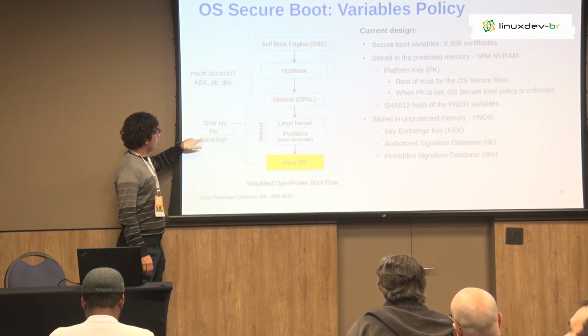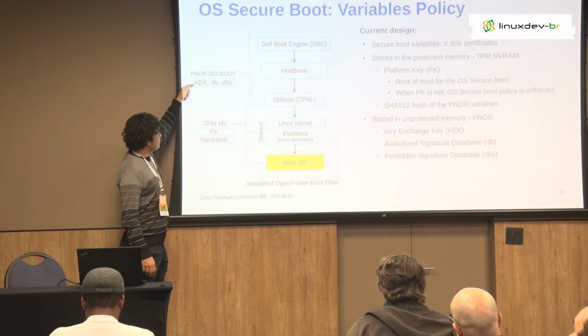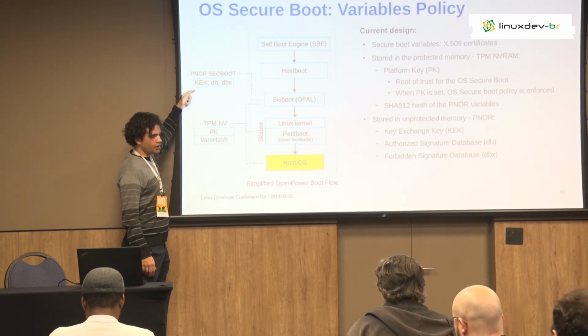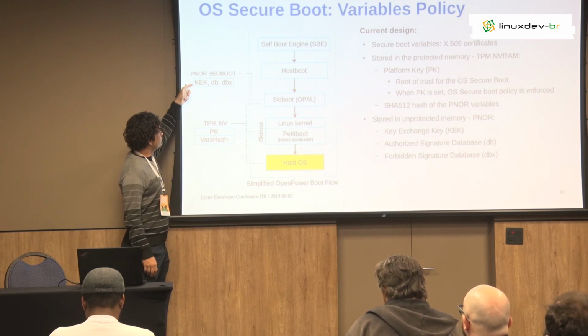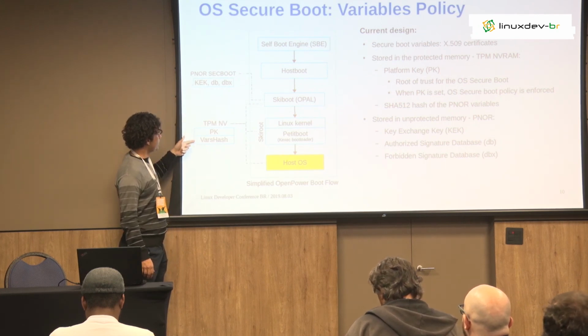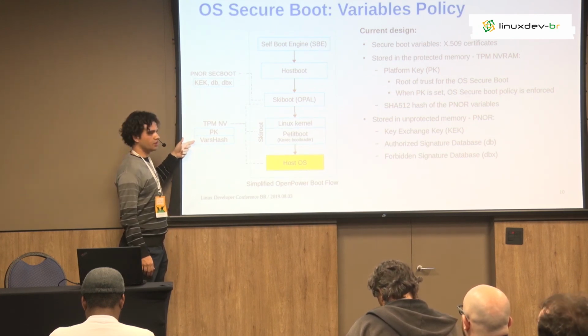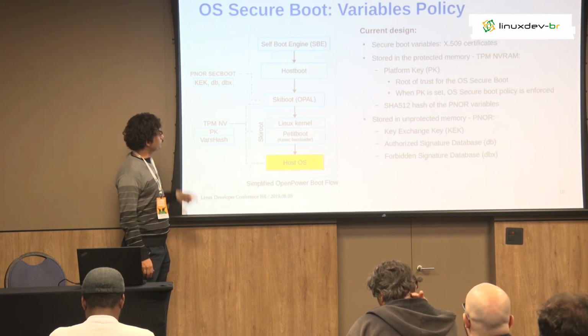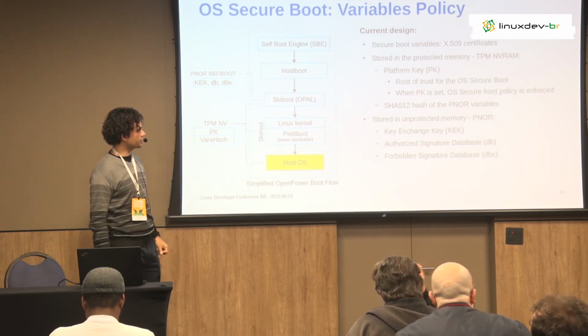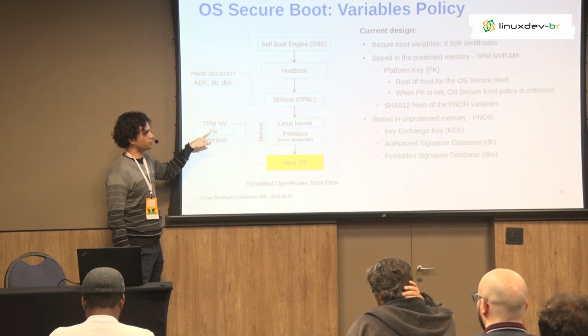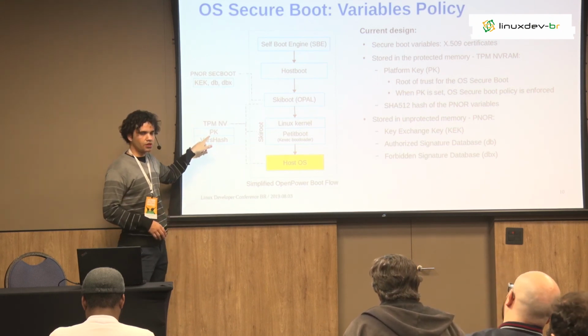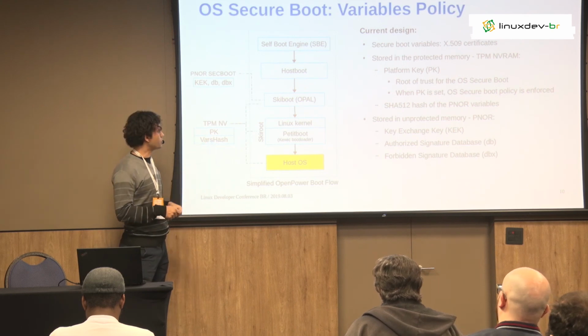So before consuming these keys, I need to integrity check them. If the hash of these keys doesn't match the hash that I have here, somebody has tampered with these keys, and I can't trust them. Then I will trust only the platform key, which is our root of trust, and with the platform key we still have our secure boot, so we are good.